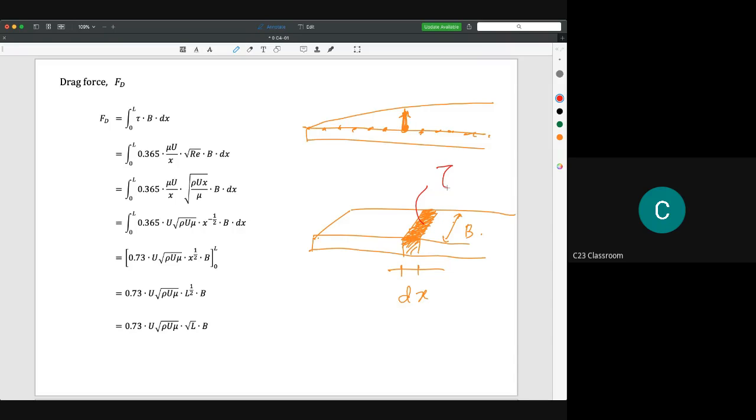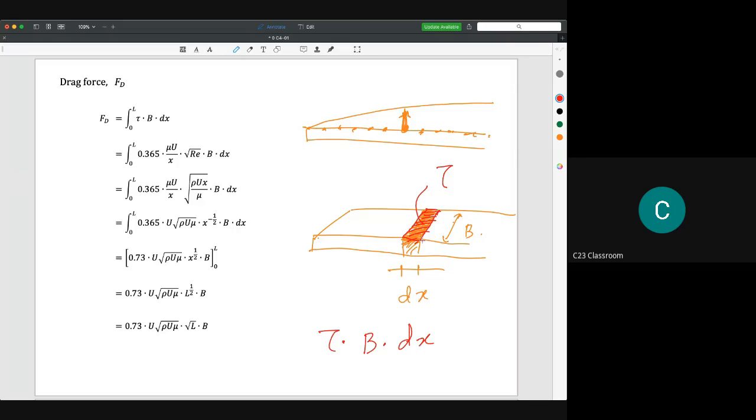That means the force that occurs on this area only is tau times A, which is b times dx. This is just the force on this small area.